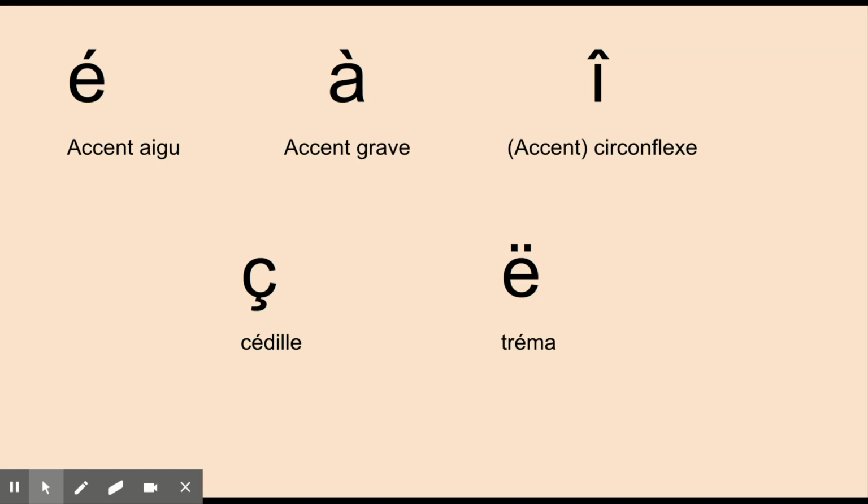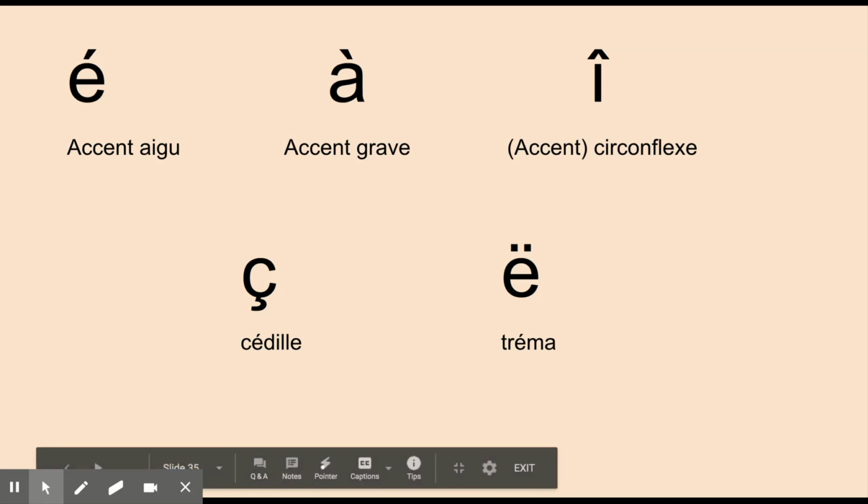Oftentimes people don't say accent circonflexe, they will just say e circonflexe, cédille, and tréma. So again, you can see you say the letter followed by the name of the accent. Merci, au revoir.